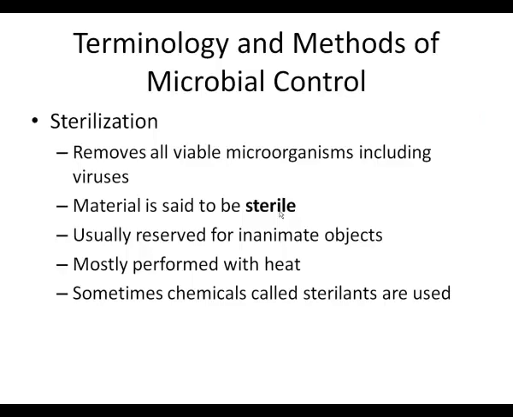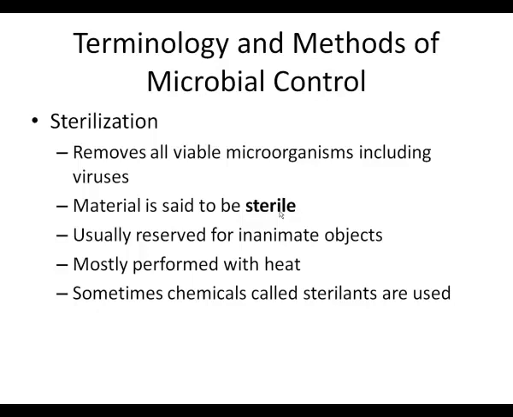Let's talk first about sterilization. This is going to remove all viable microorganisms, including viruses. Sterilization destroys all organisms. The materials, once they have gone through a sterilization process, are considered sterile, and these materials generally are going to be inanimate objects.